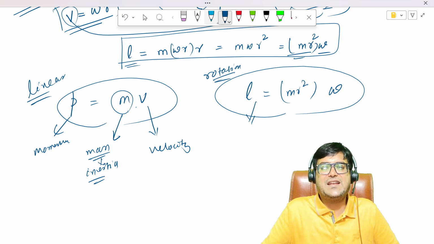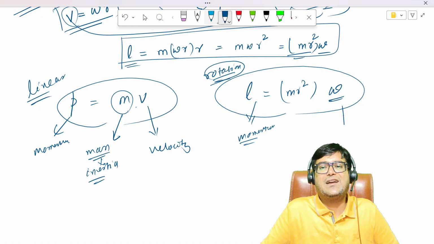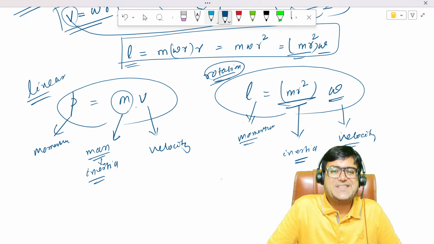In this case, L is momentum, but it's rotational momentum or angular momentum. This is velocity, but rotational velocity or angular velocity. In that case, m r squared will be called what? Inertia, but rotational inertia, yes or no? So basically, this is called rotational inertia.